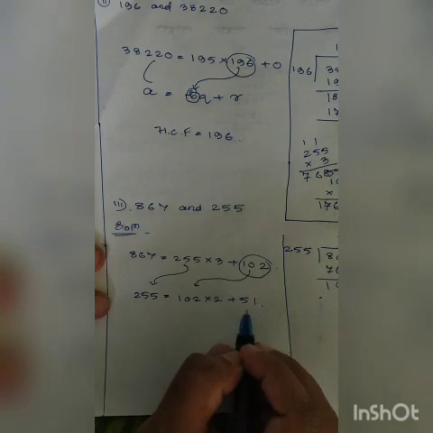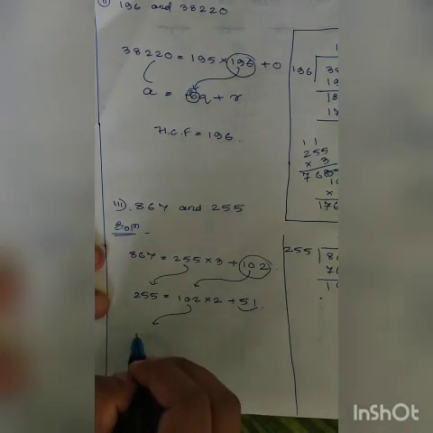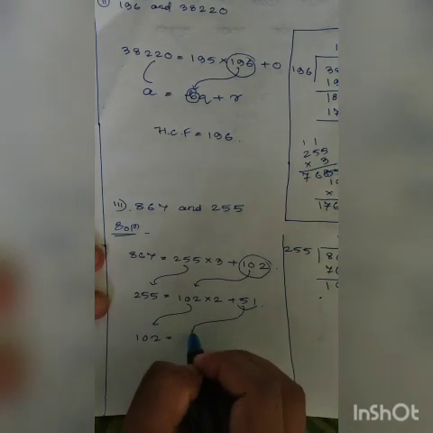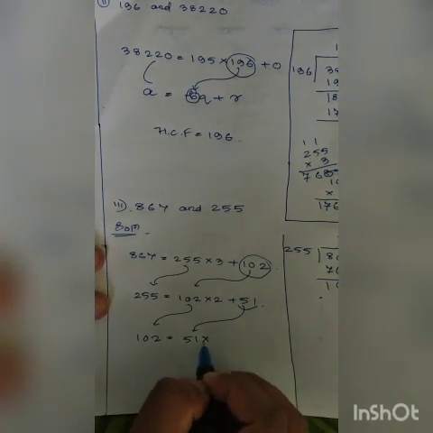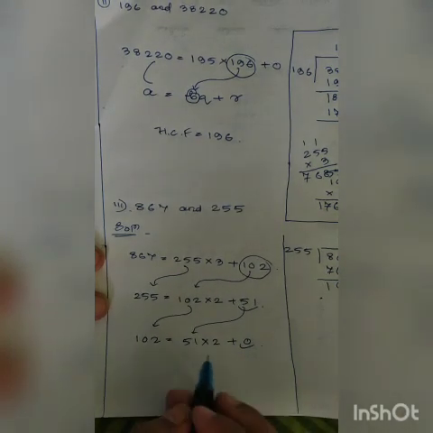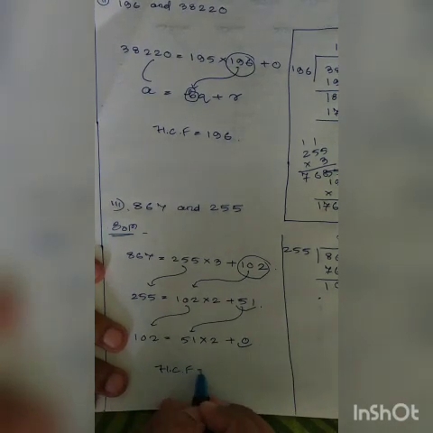Again, as we have a remainder here, the same process will be repeated. 102 will come here and 51 will come here. 51 multiplied by 2 is 102. The remainder is 0. So as per the algorithm, the HCF is 51.